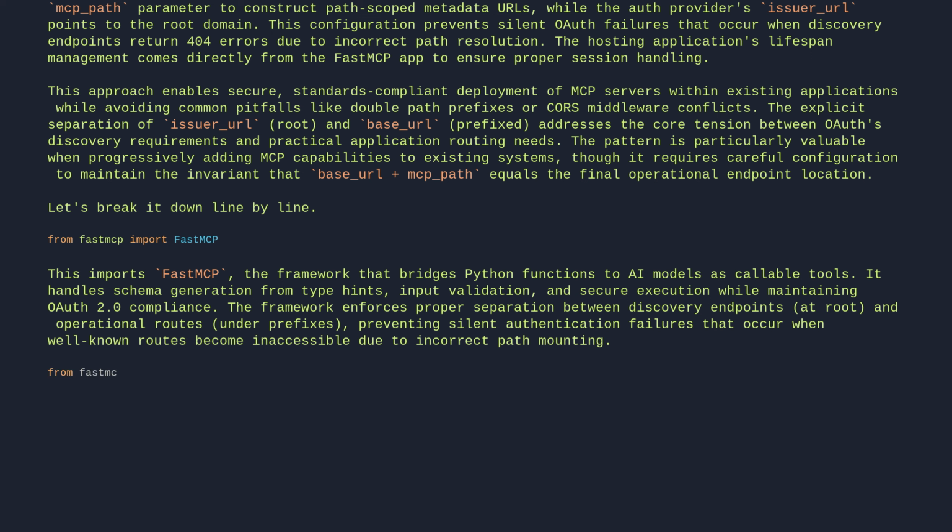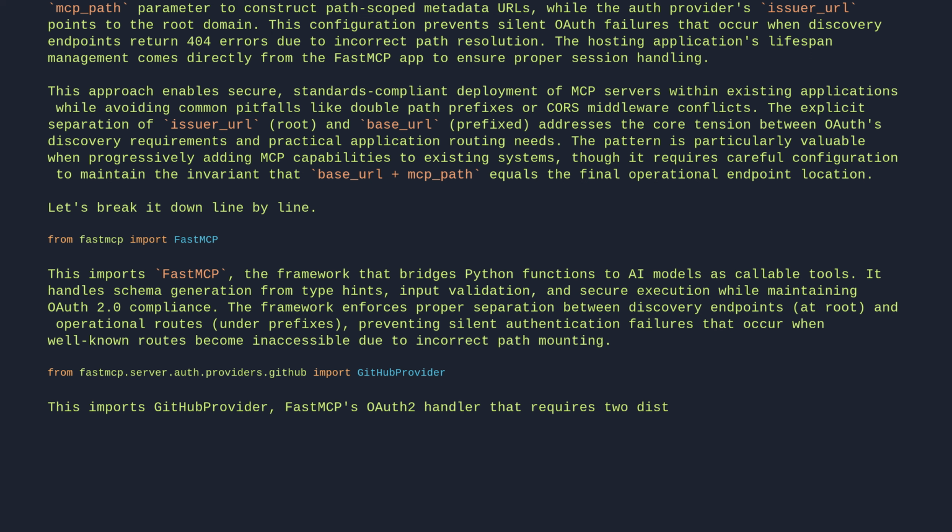From fastmcp.server.auth.providers.github import GitHubProvider. This imports GitHubProvider, FastMCP's OAuth 2 handler that requires two distinct URL configurations: issuer URL at root for discovery endpoints, and base URL with prefix for operational routes.